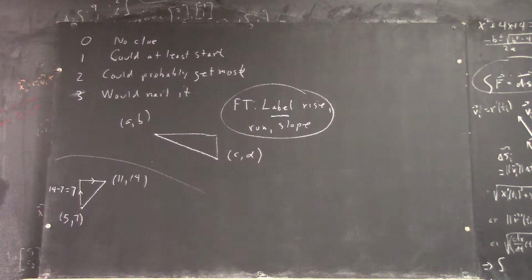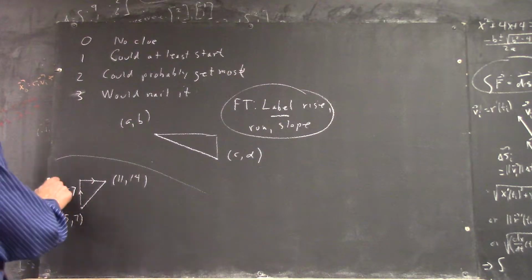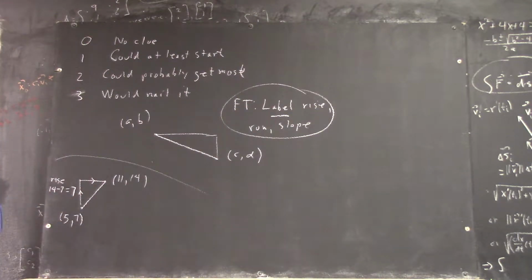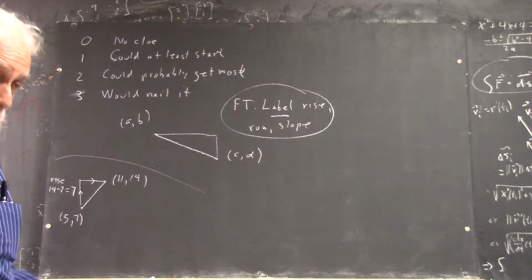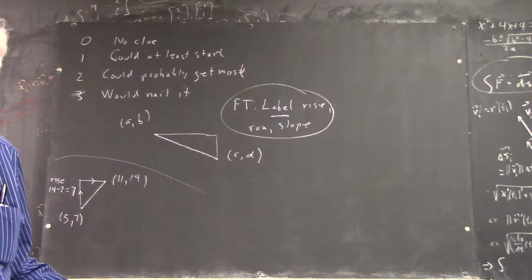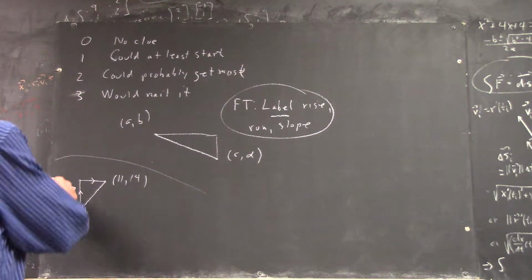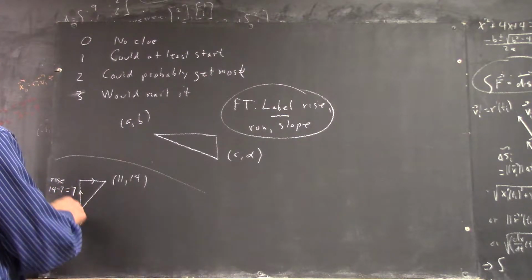And that's the rise. And I probably want to put the word rise in. I want to do all of this to remind myself of what I'm doing, so that when we use this as part of our strategy to learn to interpret the real world, we can do it. So, rise, 14 minus 7 equals 7.